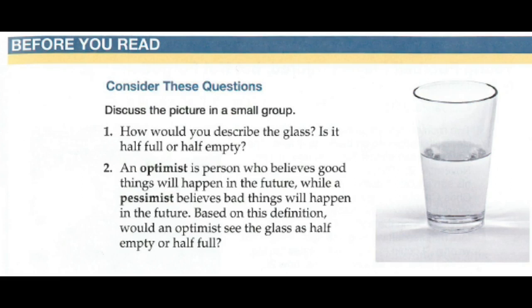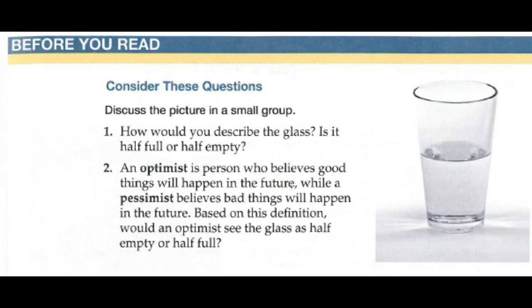Now we'll go on to number 2. An optimist is a person who believes good things will happen in the future, while a pessimist believes bad things will happen in the future. Okay? So, an optimist is the opposite, O-P-P-O-S-I-T-E, opposite of a pessimist. And we have this word while. Okay? While means a lot of different things, but here it means the opposite.